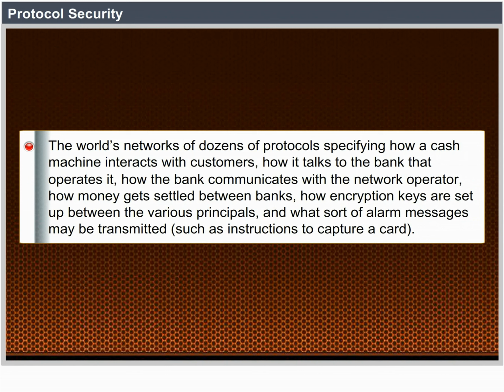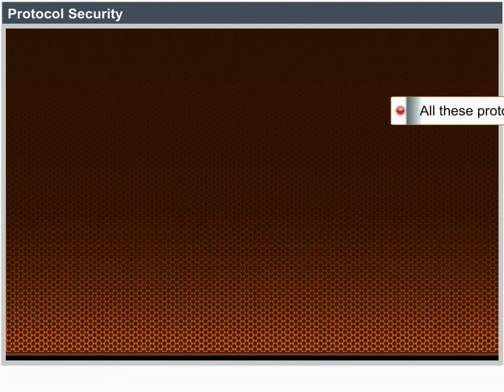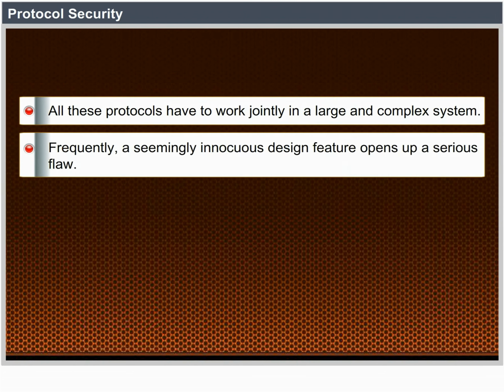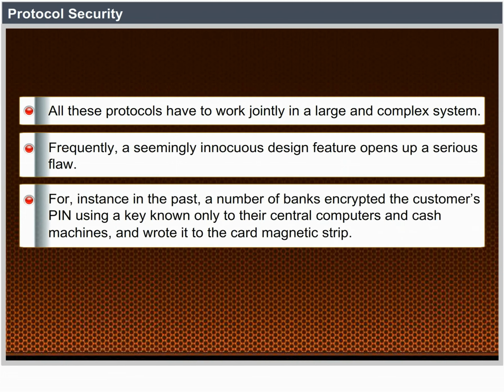All these protocols have to work together in a large and complex system. Often, a seemingly innocuous design feature opens up a serious flaw. For example, in the past, a number of banks encrypted the customer's PIN using a key known only to their central computers and cash machines, and wrote it to the card magnetic strip.